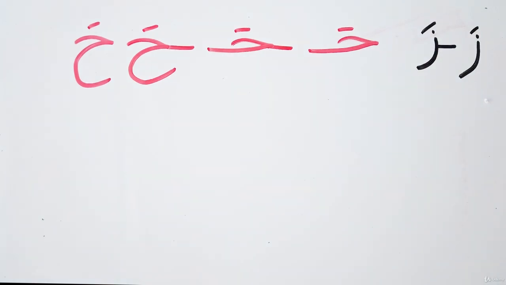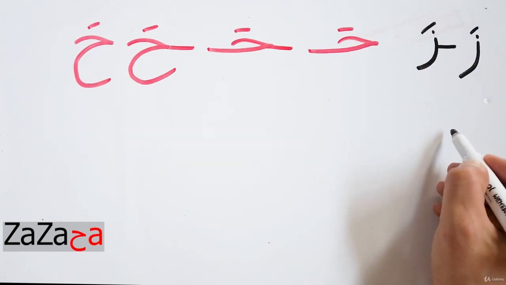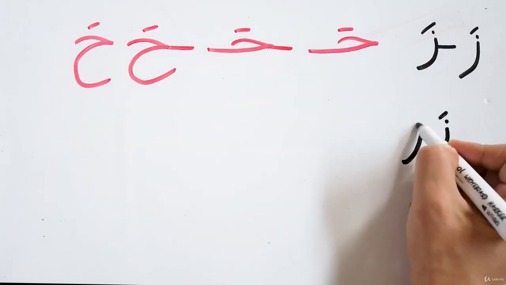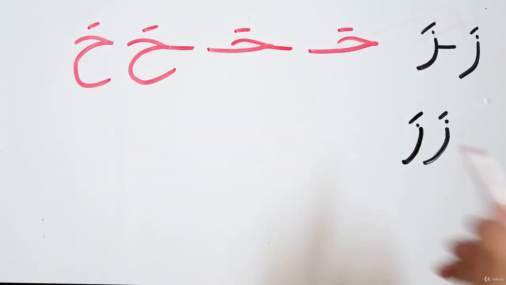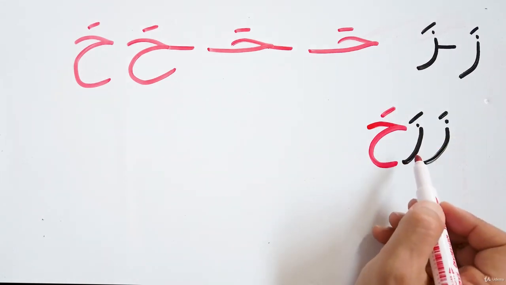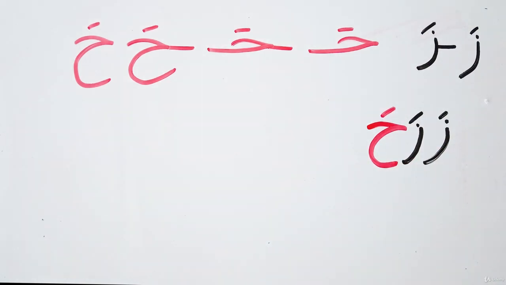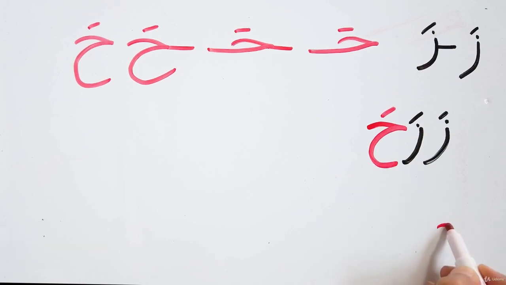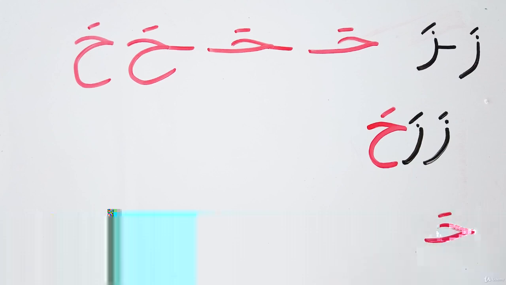Now let's write the 5 words. The first word, it will be Z, Z, ha. The second word, it is ha, Z, ha.